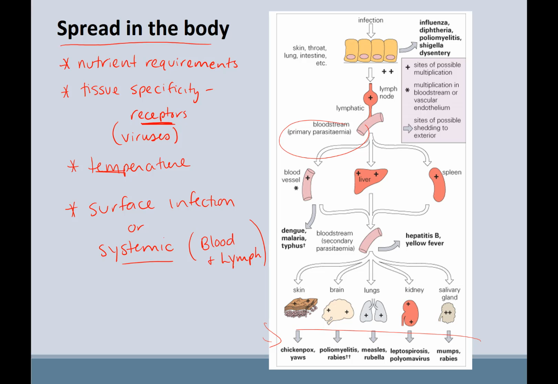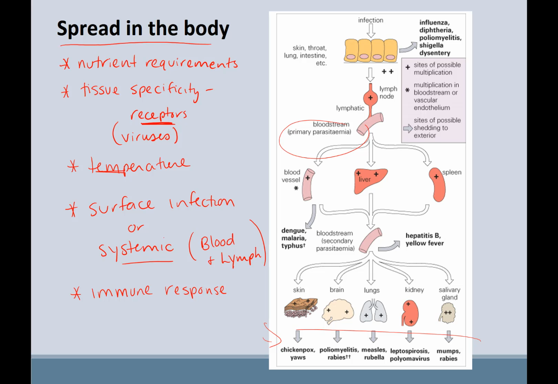And one of the big factors about how it spreads in the body is your immune response. So we've talked a lot about opportunistic infections that would not normally be pathogens, but when they get in the wrong place at the wrong time, they can replicate, especially when you have a weakened immune response.